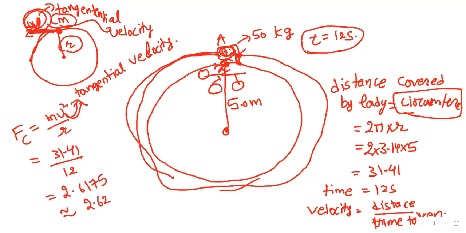So let's consider it to be 2.62. So that's what they're asking us to find: her tangential velocity, and we just now found it. Okay, thank you.